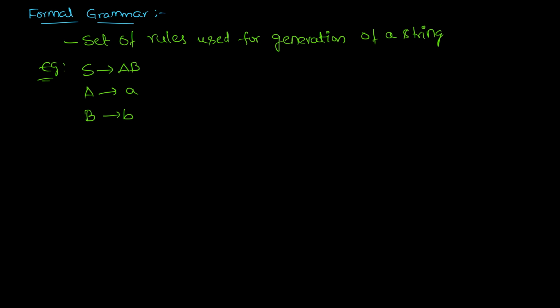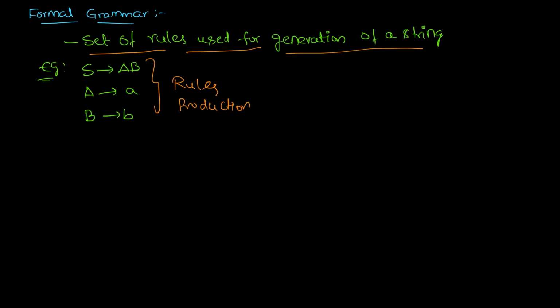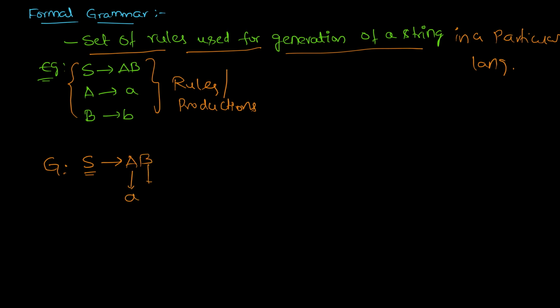A formal grammar, or simply a grammar, is a set of rules used for generation of a string. So these are the rules or productions which are used to generate a string in a particular language. This grammar G states that S, the start symbol, derives AB, in which A derives a and B derives b.